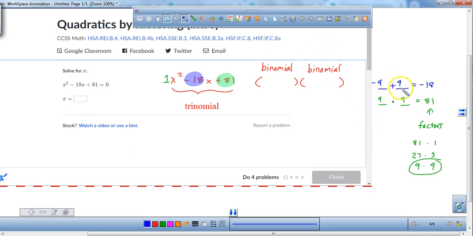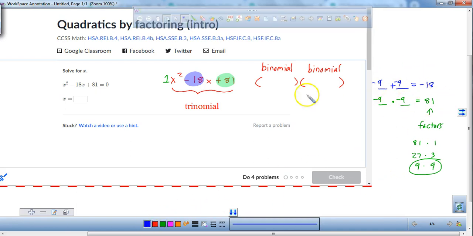So a negative 9 plus a negative 9 equals a negative 18, and a negative 9 times a negative 9 equals a positive 81. Let me show you how we're going to use these. Very simple. We're just going to say x minus 9 times x minus 9, and these are considered to be the factors of this trinomial.